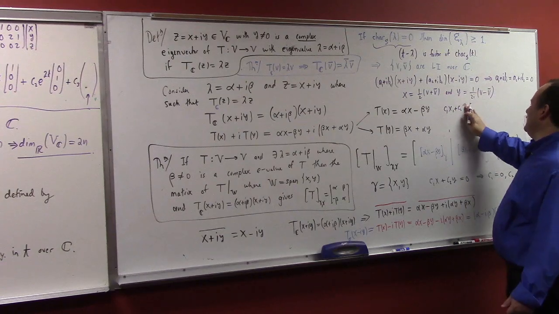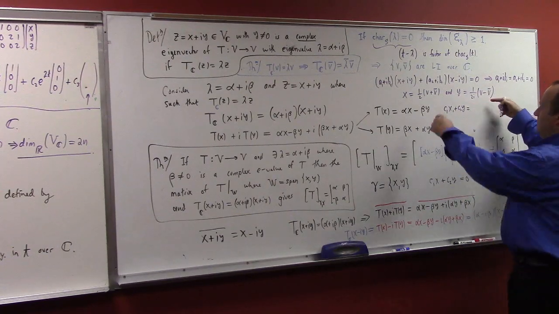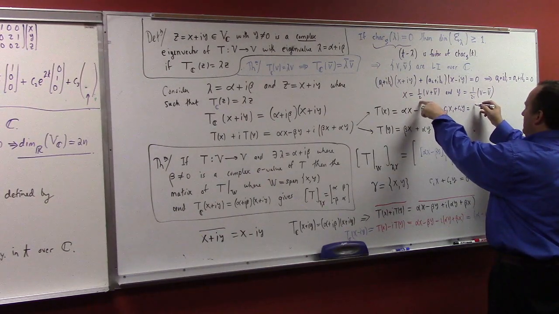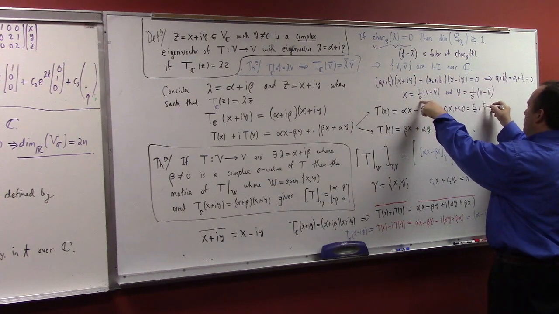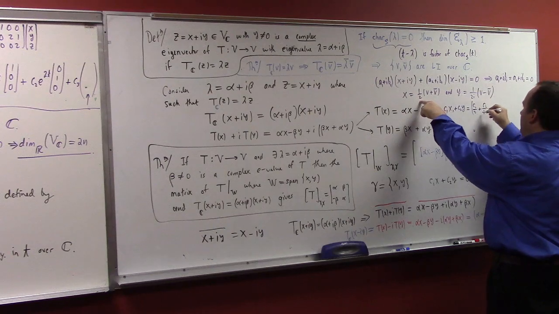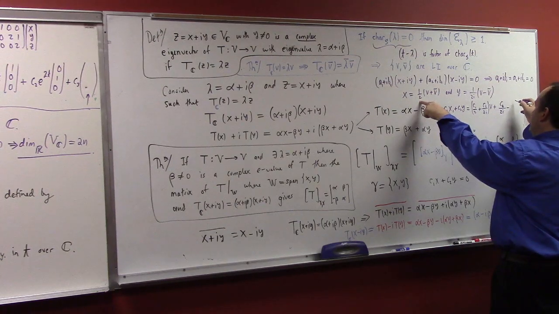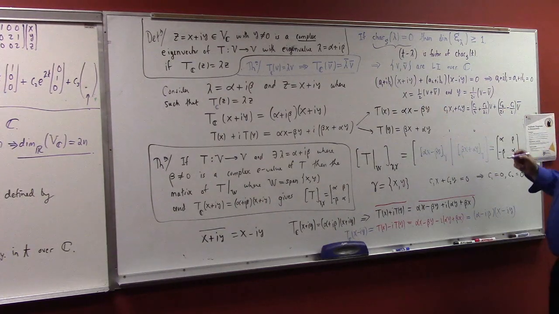Well, in view of these equations right here, you've got c1 over 2 plus c2 over 2i times v, plus c2 over 2i minus c1 over 2, I think, times v bar, equal to 0, right?